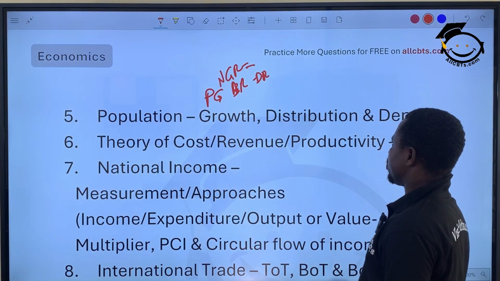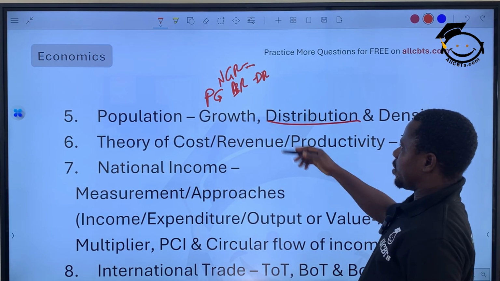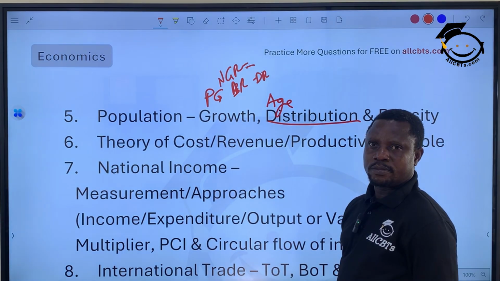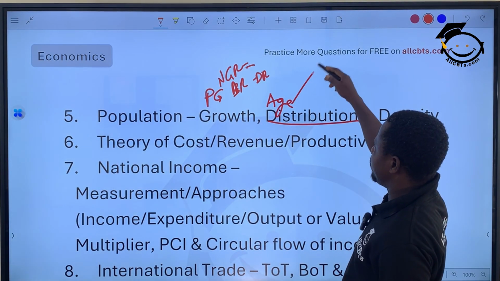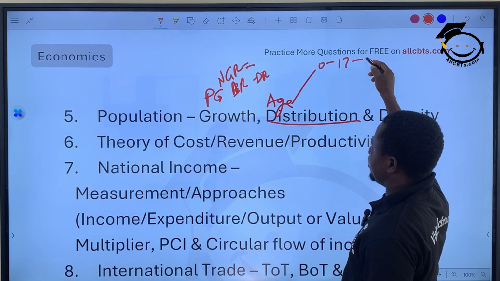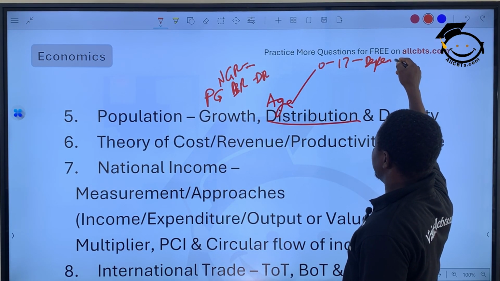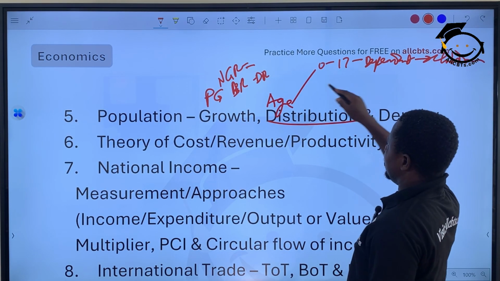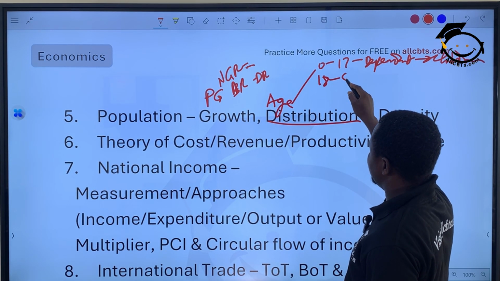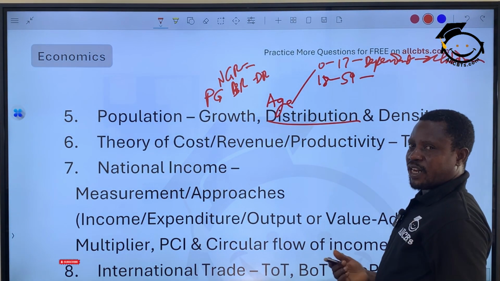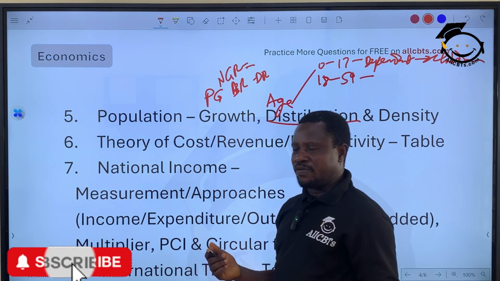They can also give you calculation on distribution. Particularly, they ask you age distribution of the population. And remember, we used to have 0 to 17 as what? As dependent. That is children, school age. Then we have 18 to 54. But now they have changed to 59, because the average age in Nigeria is now 60, no longer 55.